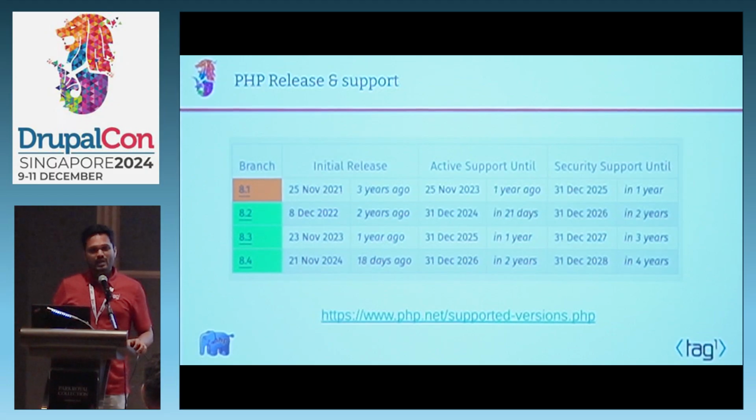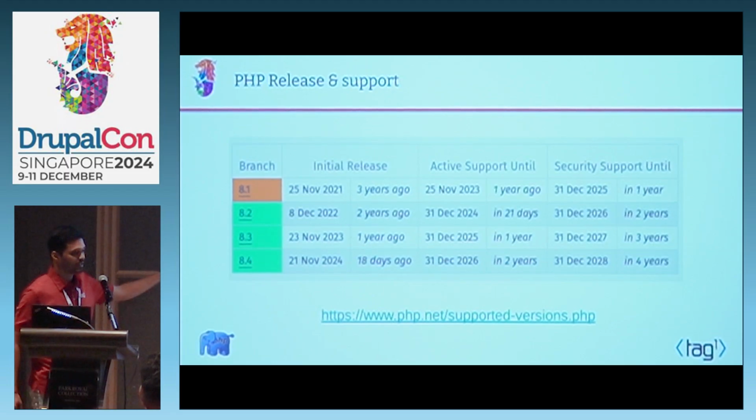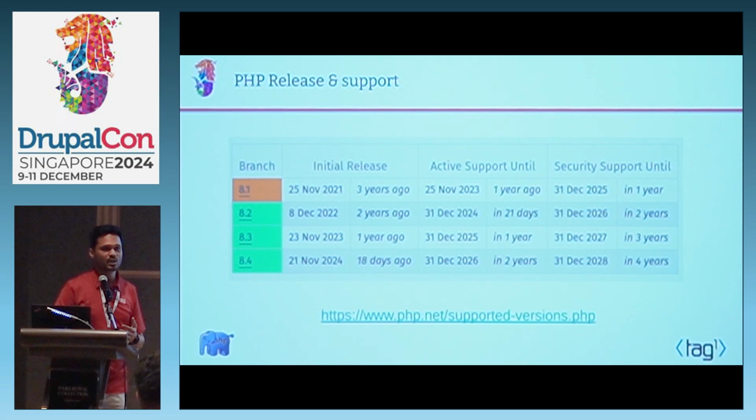So this will give you an idea of how different PHP releases have been supported. On the last, PHP 8.4, which was released like 18 days ago, it gets support for 4 years. So there's active support, then it moves on to security support. Each release of PHP gets supported for 4 years.